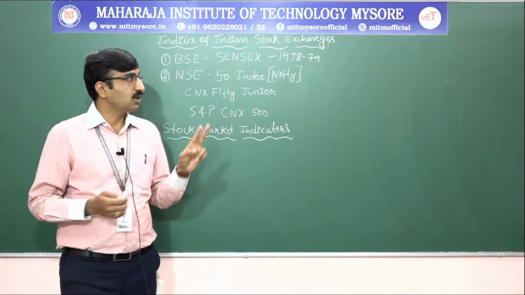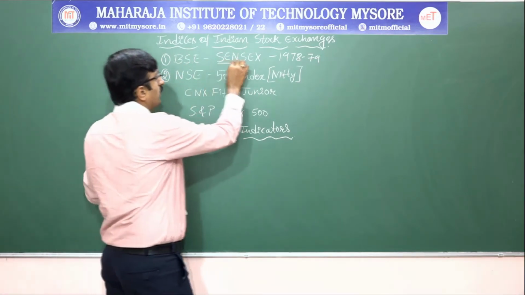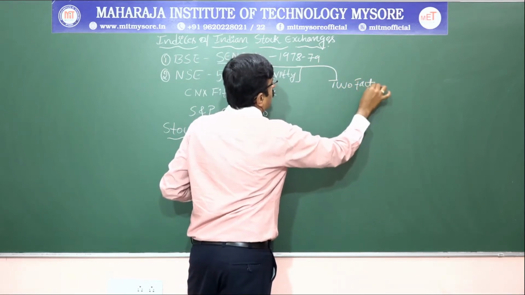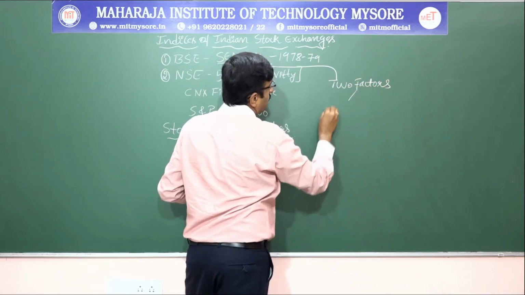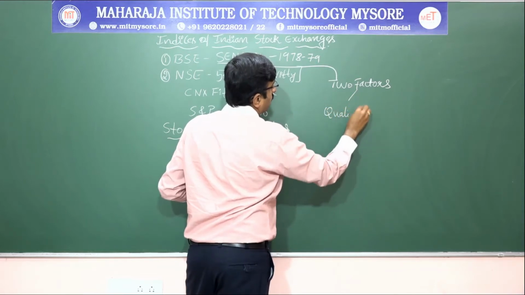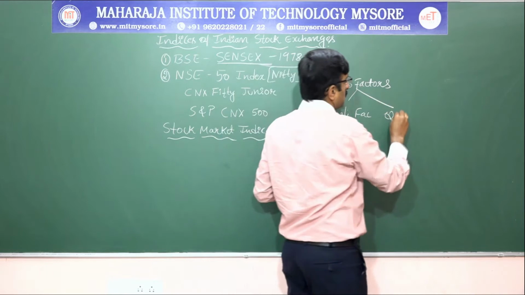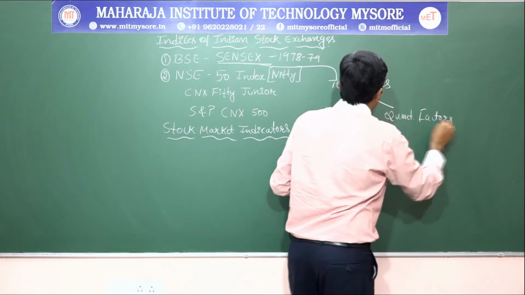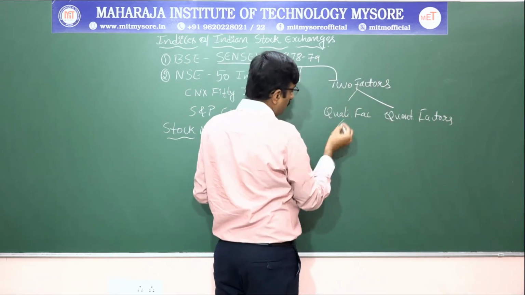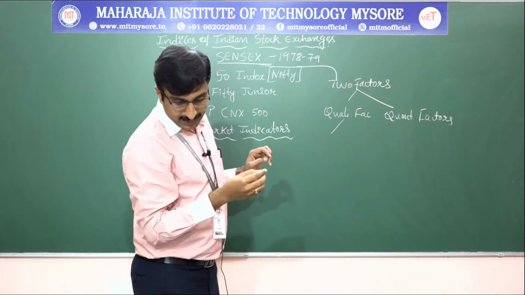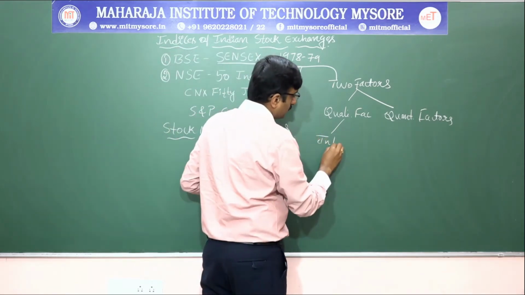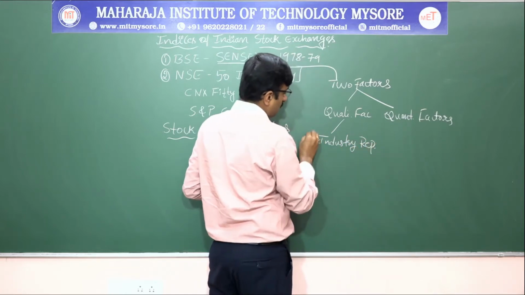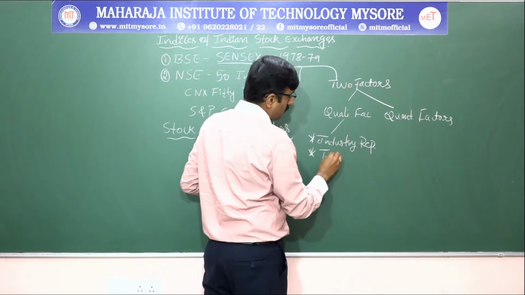So in the calculation of the Sensex, we consider two factors: one is qualitative factors and another one is quantitative factors. In the qualitative factors we have industry representation and the second one, track record.